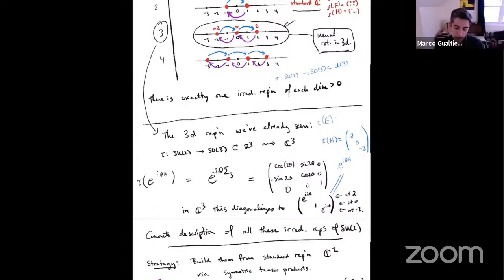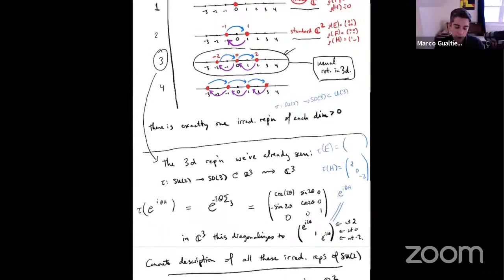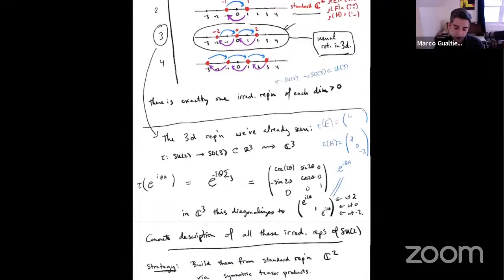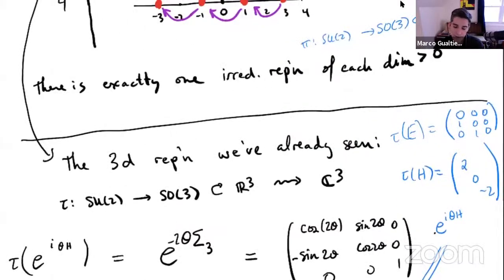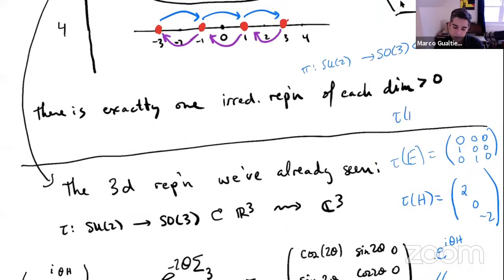On the other hand, if you wanted to write E, tau of E would have to take the first basis vector to the second to the third. And if we had to write F, we would get: the first is sent to 0, the second is sent to the first, and the third is sent to the second.